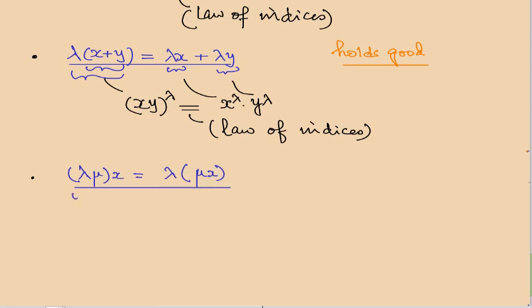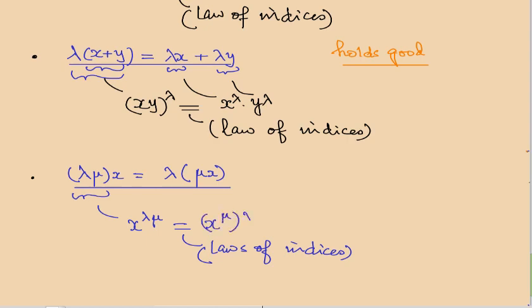This is interpreted as x to the power lambda mu. Again, this by laws of indices is nothing else but x to the power mu to the power lambda.